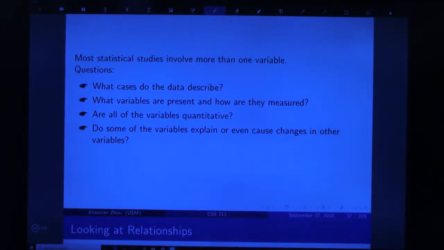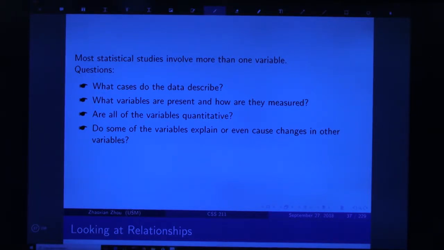Most statistical studies involve more than one variable, so we need to move from chapter 1 to chapter 2. When we discuss this data, we ask questions. First one, what cases do the data describe? That is a very simple question, it looks like. The second is what variables are present and how are they measured?